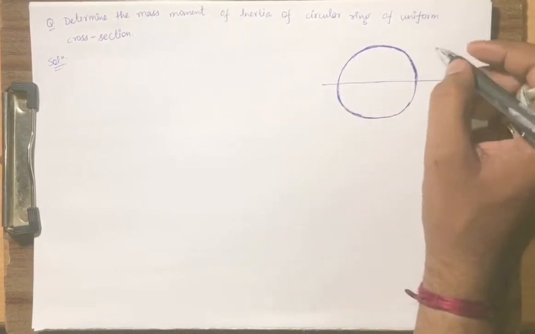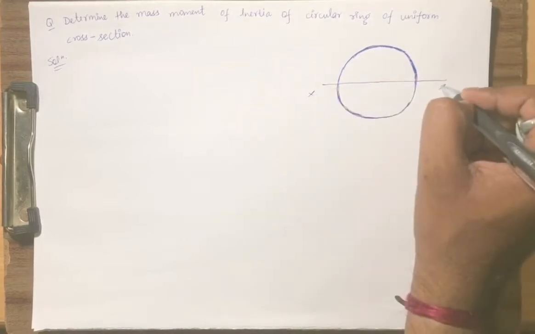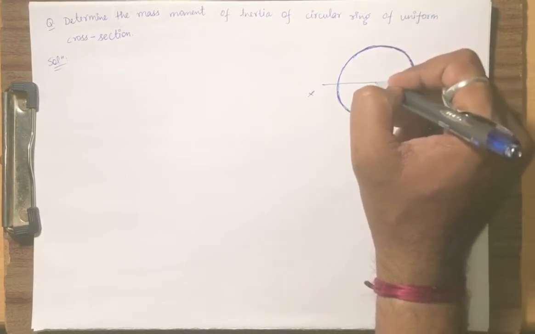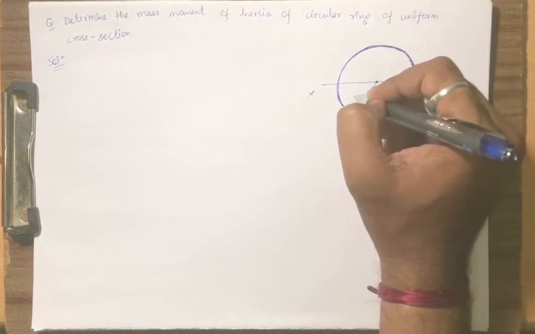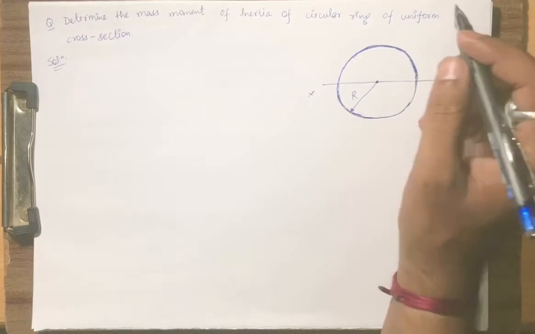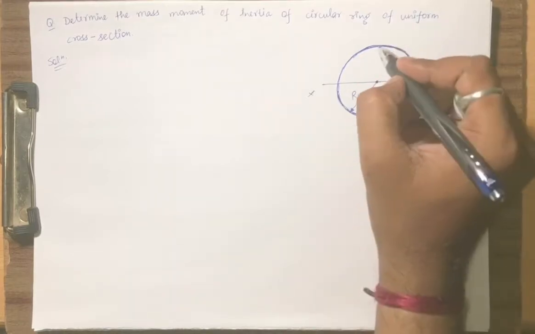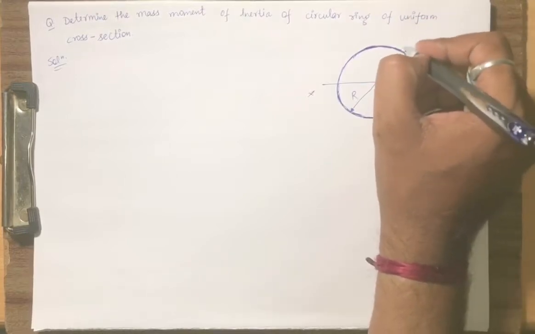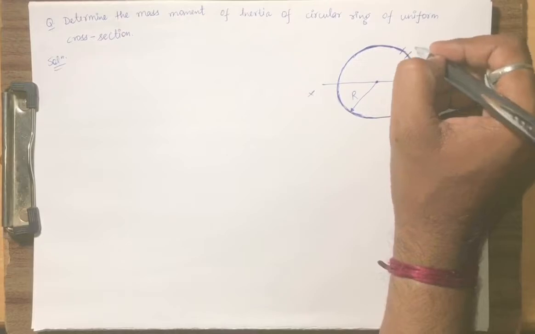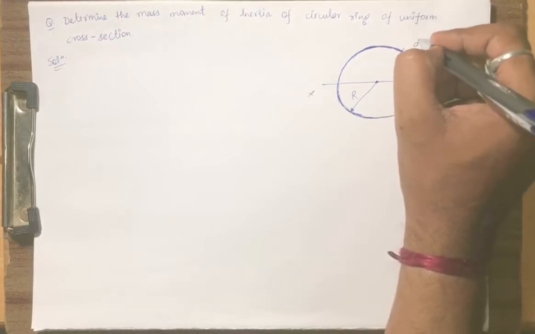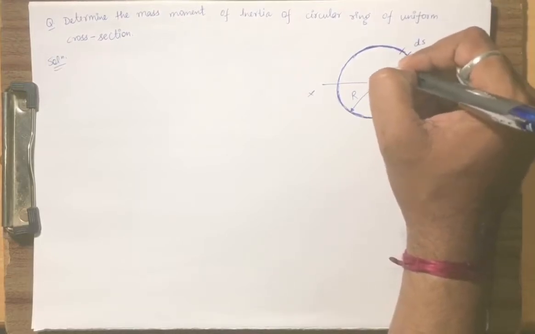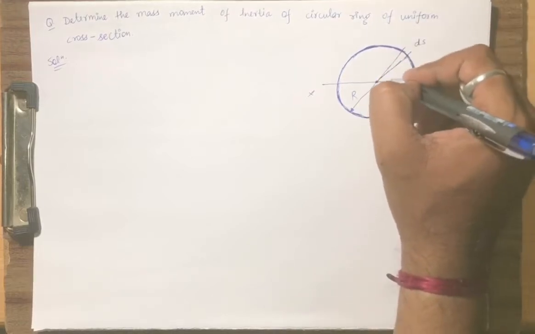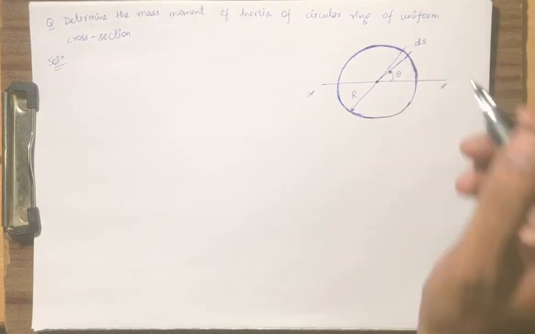So for mass moment of inertia, we have to have the axis, and this is the center, this will be a radius. Okay, so we want to calculate mass moment of inertia. What we can do, we can take a small element ds at an angle of theta.